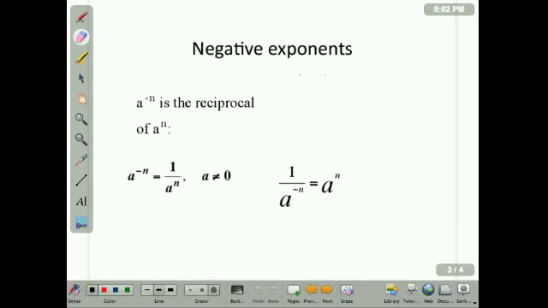When we're talking about a negative exponent, we're talking about any base number raised to a negative power. In mathematics, we have opposites.